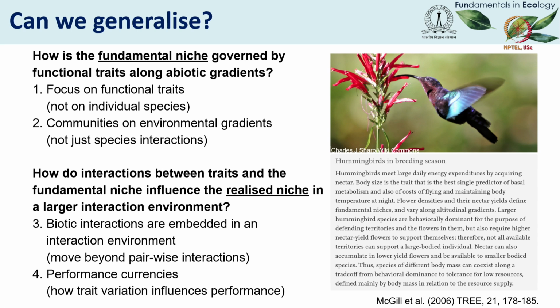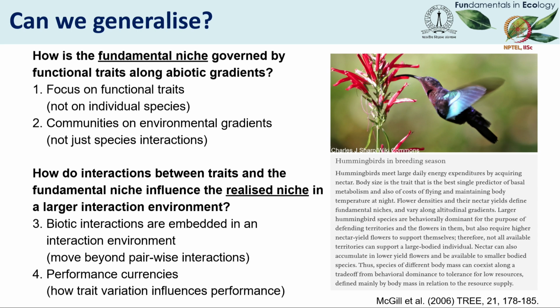Across an elevational gradient, the densities of flowers is what determines whether these hummingbirds can or cannot be found in a particular location, because hummingbirds have to have flowers to be able to feed. And so that defines their fundamental niches, and flower densities vary across elevational, altitudinal gradients.